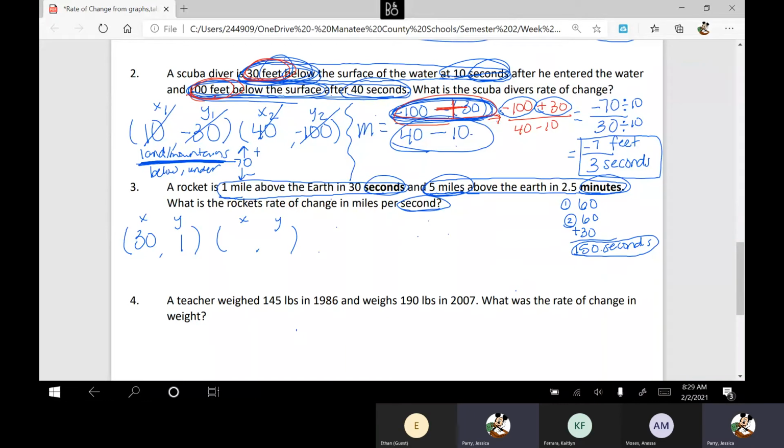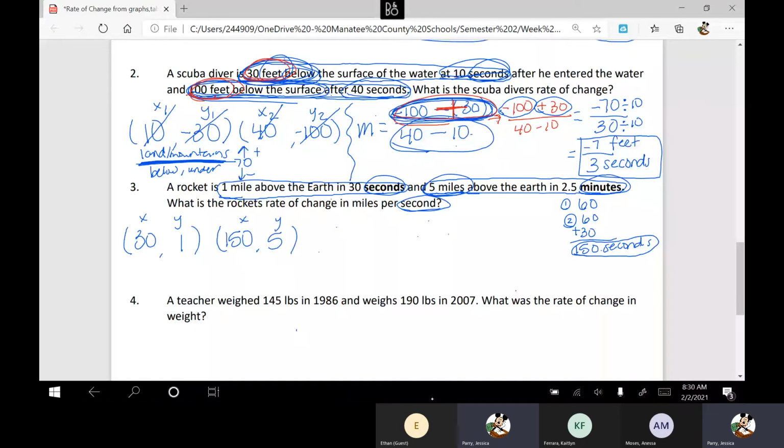Give me a guess if you're not sure, at least try and guess. Out of these two, our time is the 150, and then we have our 5 miles, okay?